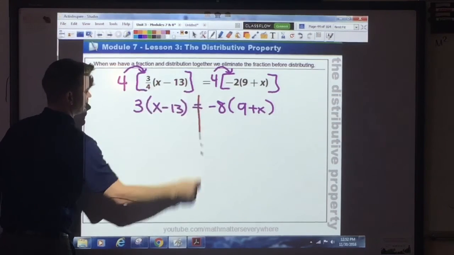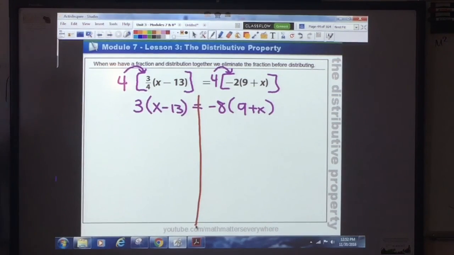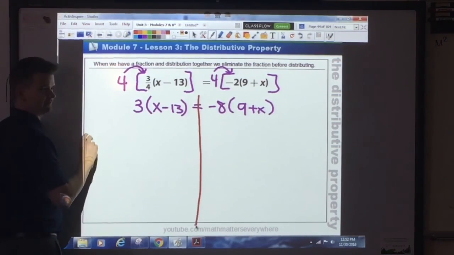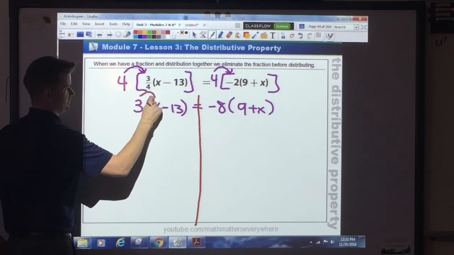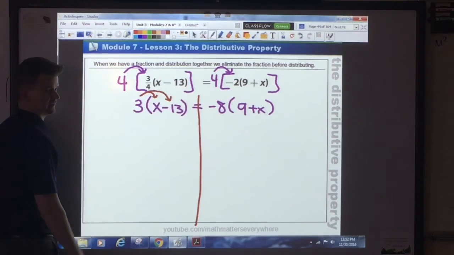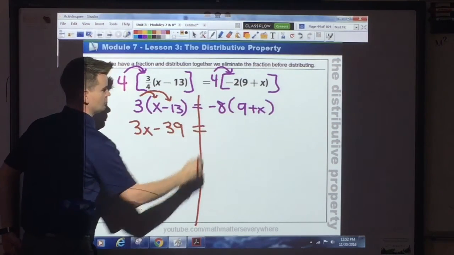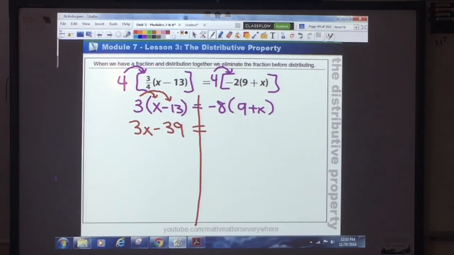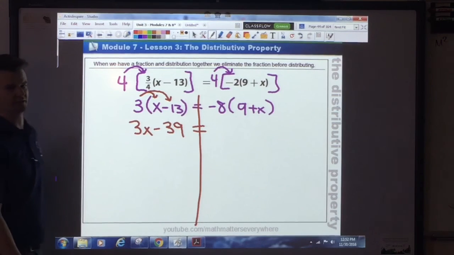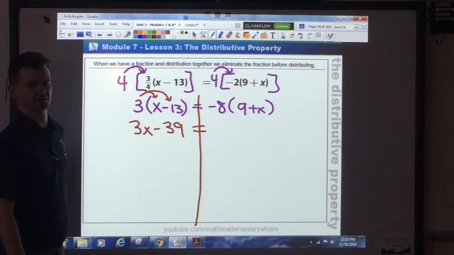I'm distributing once again. On the left side, Yusuf, what do I distribute on the left side? 3x. I distribute the 3 to the x and the 3 to the negative 13. So I have 3x minus 39 equals, starting to look familiar. What do I do on the right side? Nicolette, what do I do on the right side?